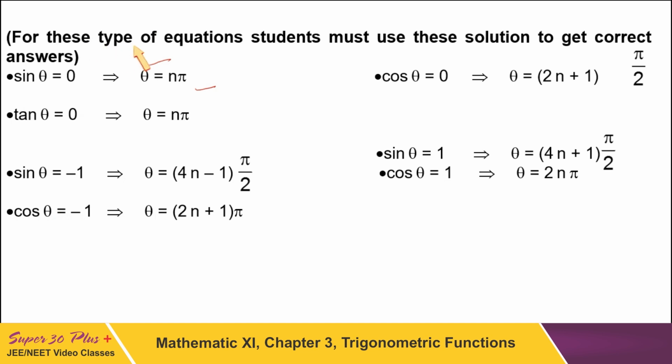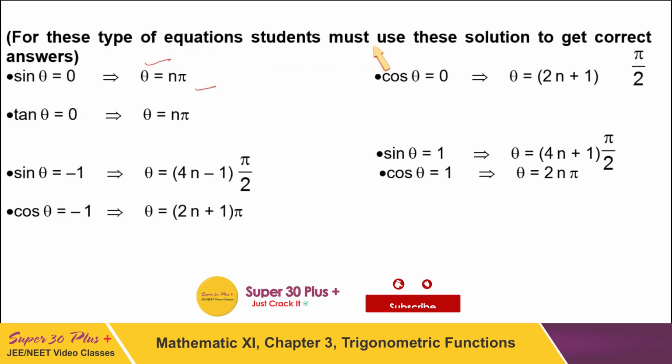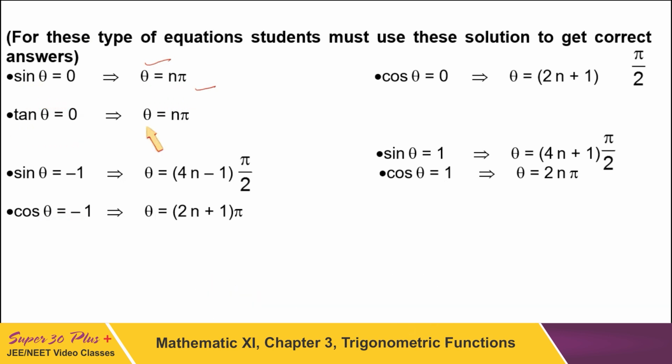For this type of equation, students must use these solutions to get the correct answer. Sin theta is equal to 0, theta is equal to n pi. Tan theta is equal to 0, theta is equal to n pi. Sin theta is equal to minus 1, theta is equal to 4n minus 1 pi by 2. Cos theta is equal to minus 1, theta is equal to 2n plus 1 pi.